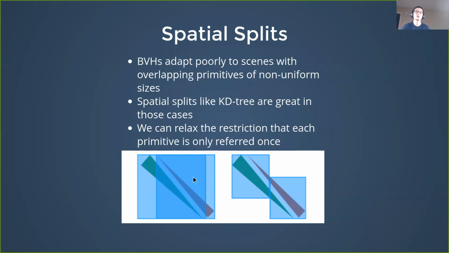On the other hand, spatial splitting like KD tree is great in those cases, and we can have some of the same benefit if we relax the restriction of BVH where each primitive is only referred to once. So if we can have multiple different nodes refer to the same primitive, then we can have a tighter bounding box. But on the other hand, both triangles in this case will be referred to by both nodes.